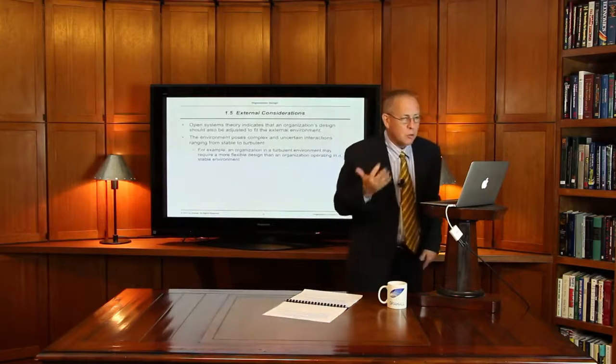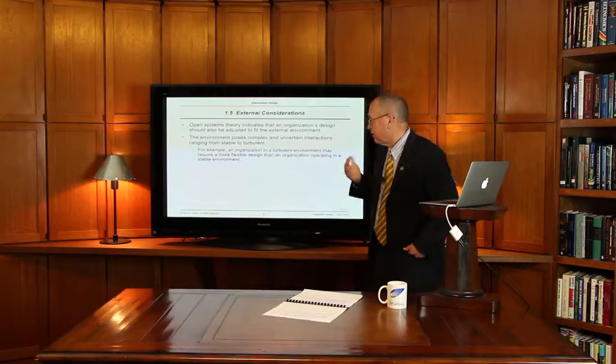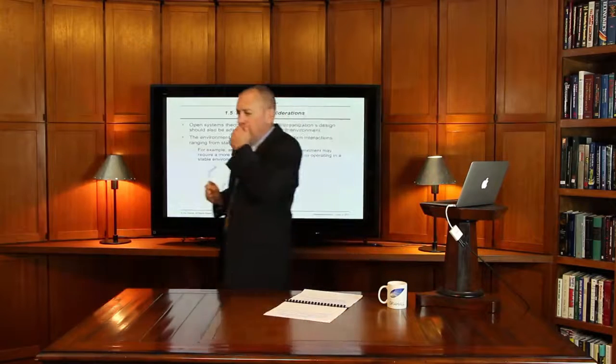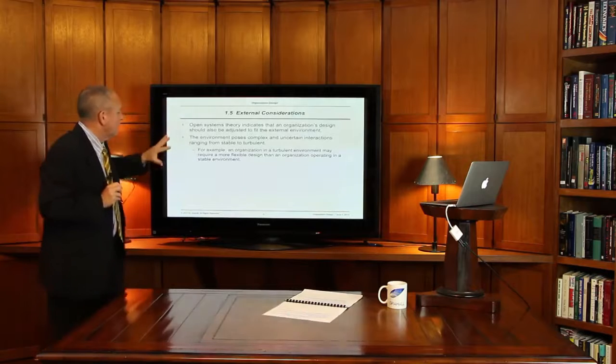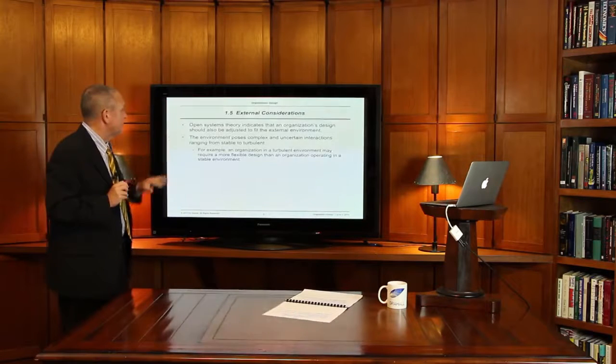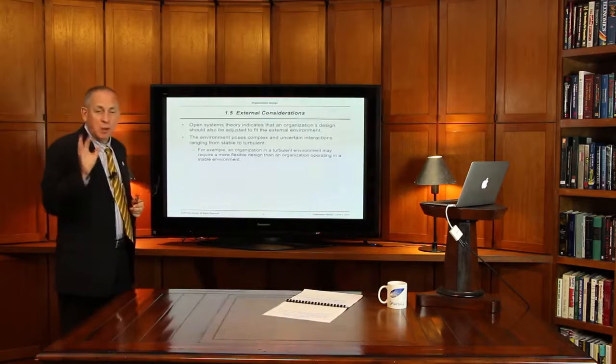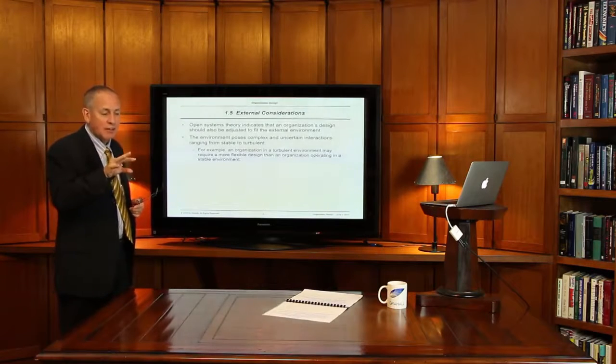We don't live in a closed world, so external considerations are important. There's a concept out there of systems theory and open systems theory that tells us when we design an organization structure, we need to bear in mind not just all the internal factors that we were talking about on the previous slide, but the external world around us.